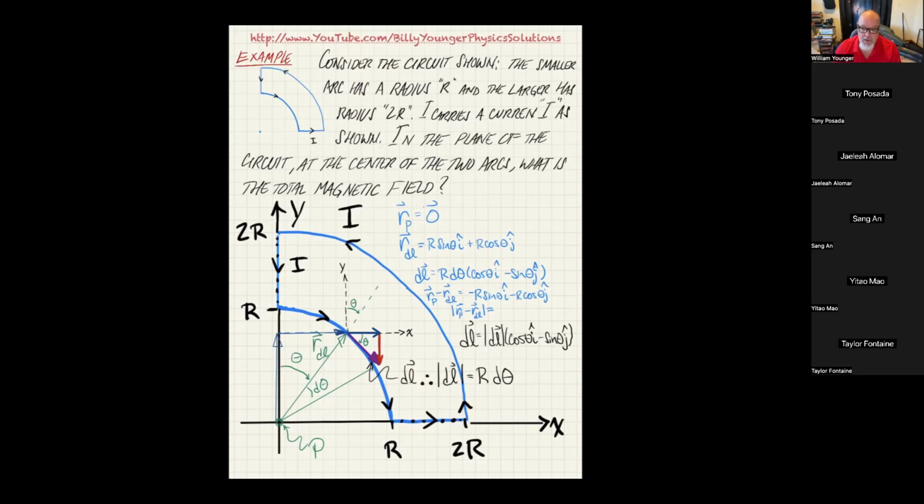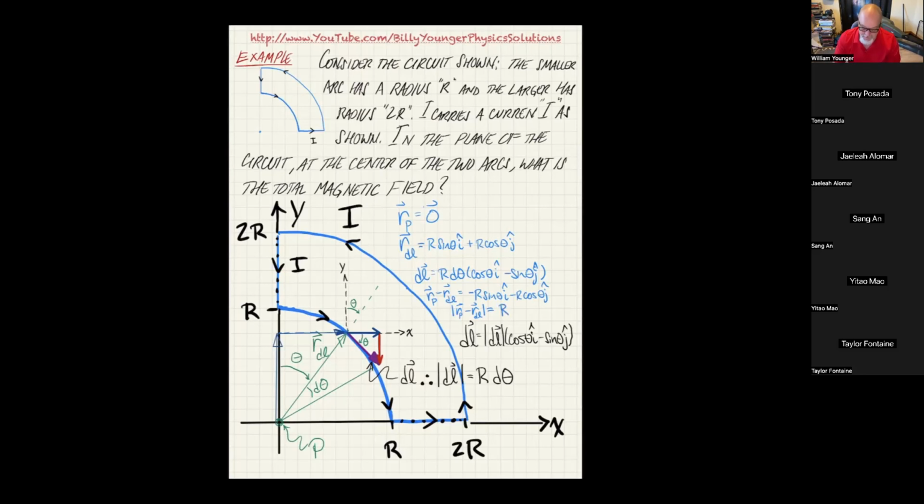And then the RDL points out a distance from P to the DL. So you might be able to figure out what the length of that vector is from the diagram. Anybody have an answer for that? Taylor, maybe? R? Yes, that's it. It's just plain R.